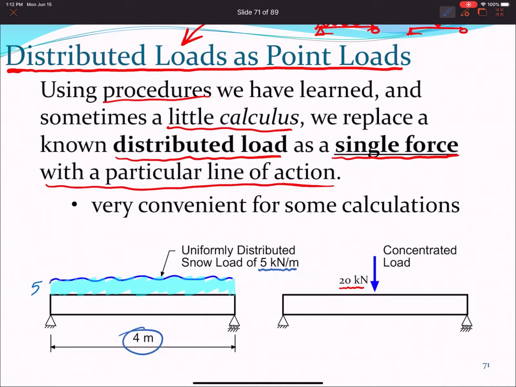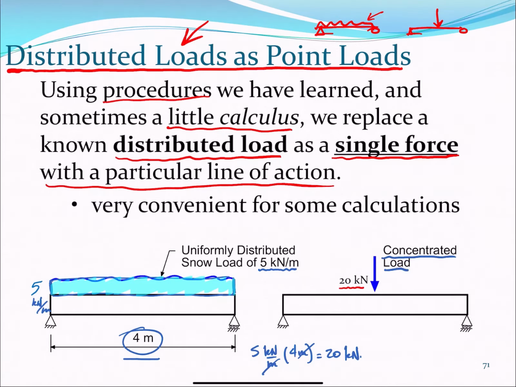I can think of this as a small rectangle with height equal to 5 kilonewtons per meter. And if it has a total of 4 meters, the total load I have is 5 kilonewtons per meter times 4 meters, equal to 20 kilonewtons. So the concentrated load is going to be equal to 20 kilonewtons.